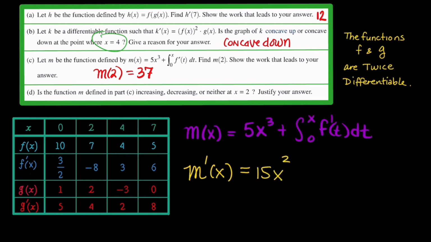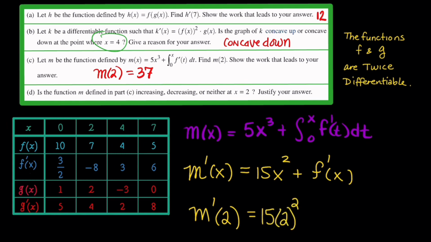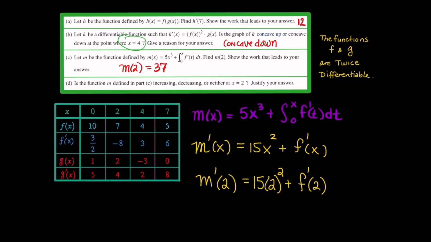So going through and differentiating, we get 15x squared plus f prime of x. And now m prime at 2 can be calculated to be 15 times 2 squared plus f prime of 2, which we can get from our table of values, which is negative 8.